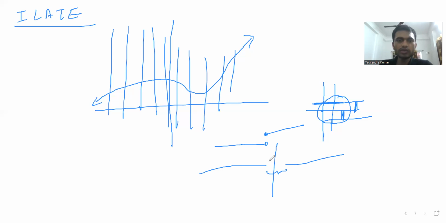If we draw vertical lines, they intersect the graph of a function at a maximum of one point. That is called the vertical line test.